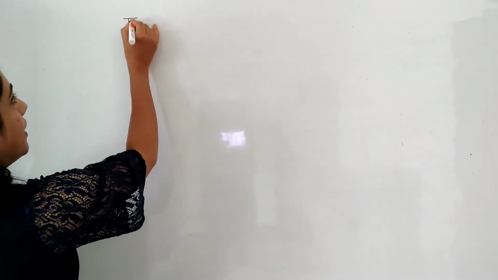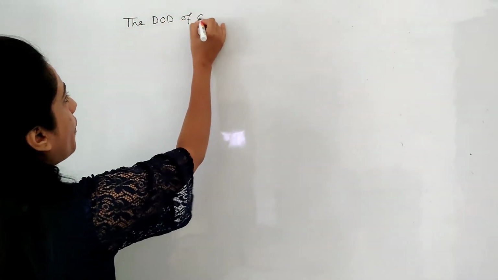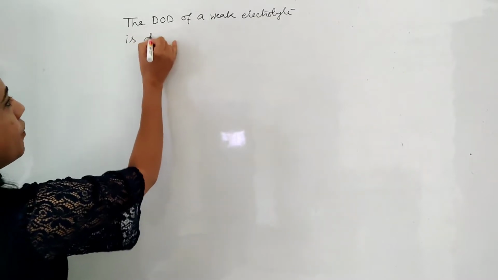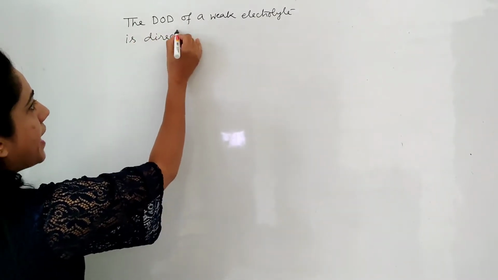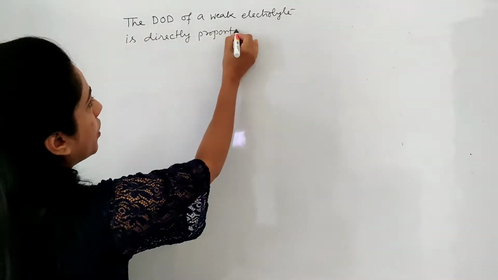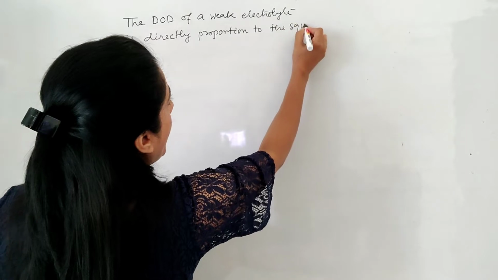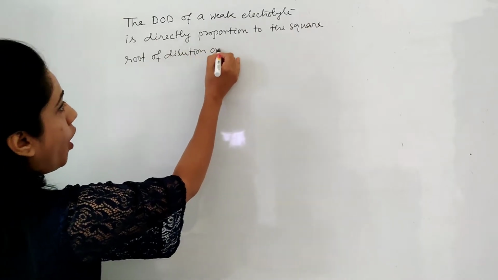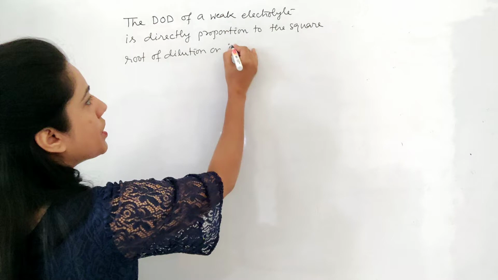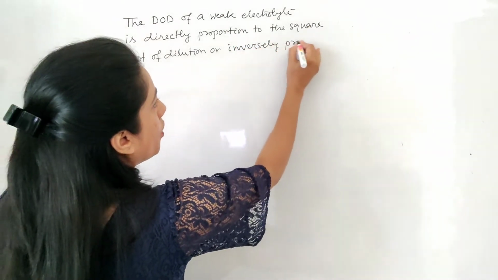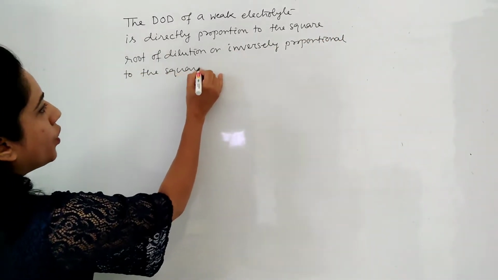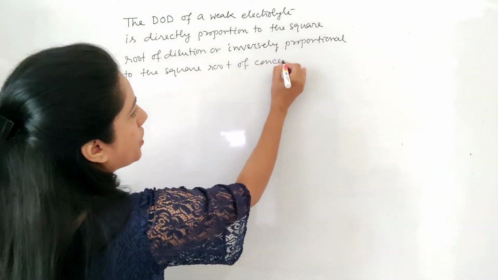Ostwald dilution law can also be alternatively stated as: the degree of dissociation of a weak electrolyte is, as we said earlier, directly proportional to the square root of dilution, or we can say it is inversely proportional to the square root of concentration.